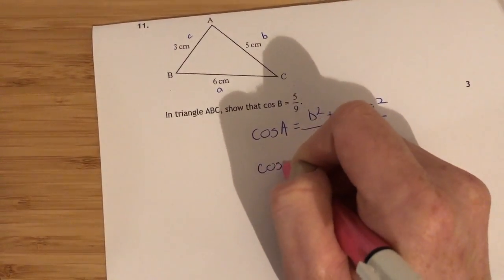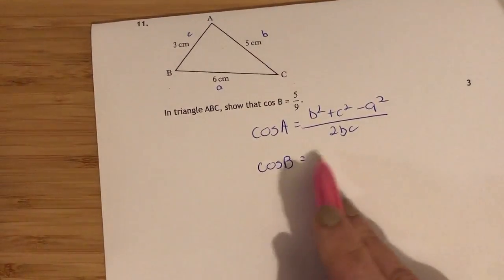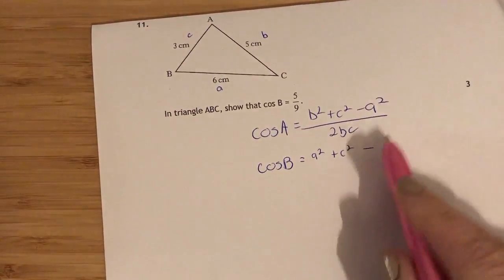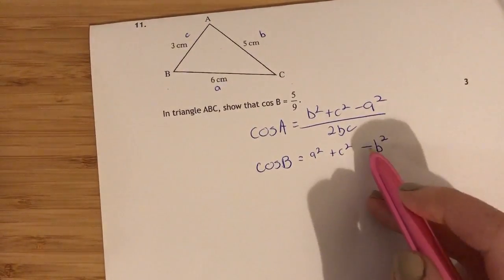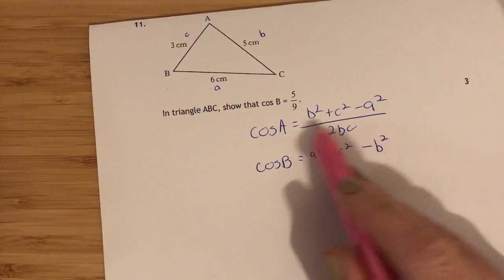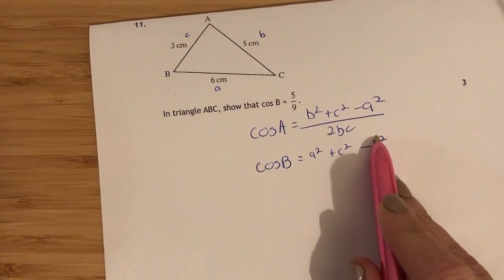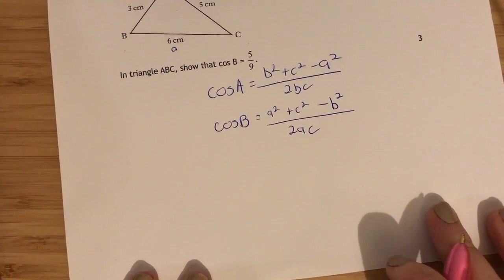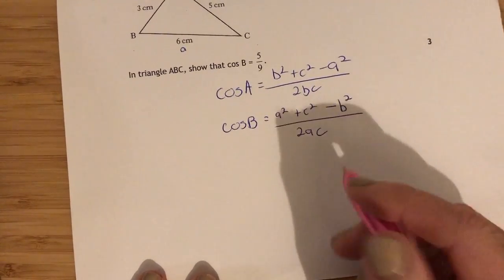But cos B, we know we're going to use the other two sides here, would be A squared plus C squared minus B squared, because that A squared matched that A, cos B, B squared, over 2AC. So I've just rewritten the formula with the letters the way that we would like it.